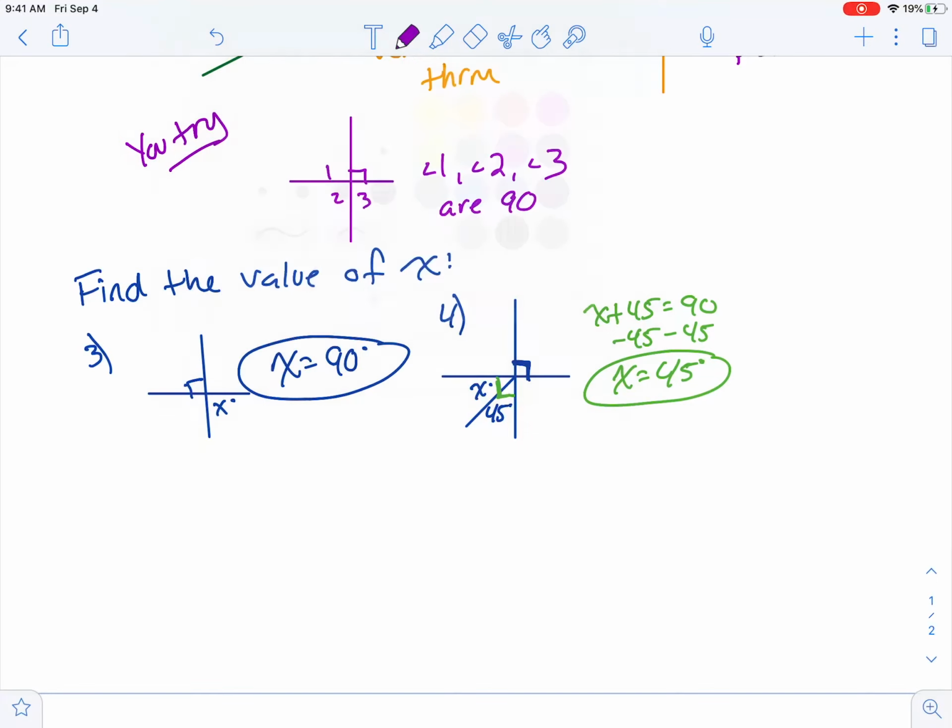Okay, you guys try this one. Here's your picture. Say L is perpendicular to M. Go ahead and pause the video and do that one.